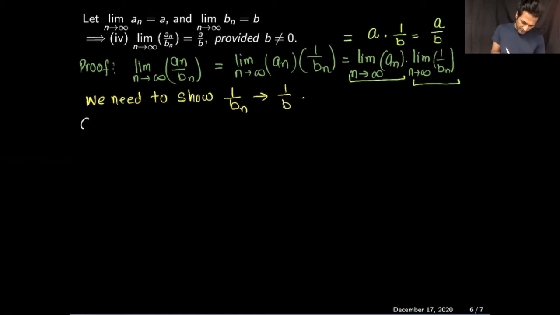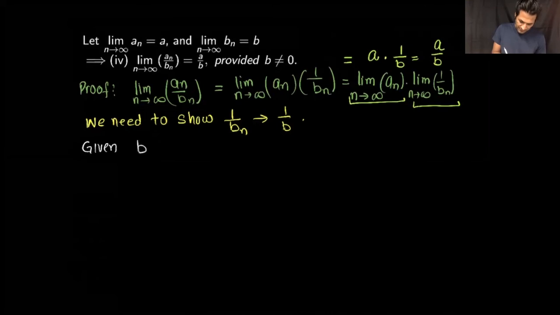So again, we're going to start from the given. The sequence bn converges to b. This is a given. So it means for all epsilon strictly positive, there exists a natural number.